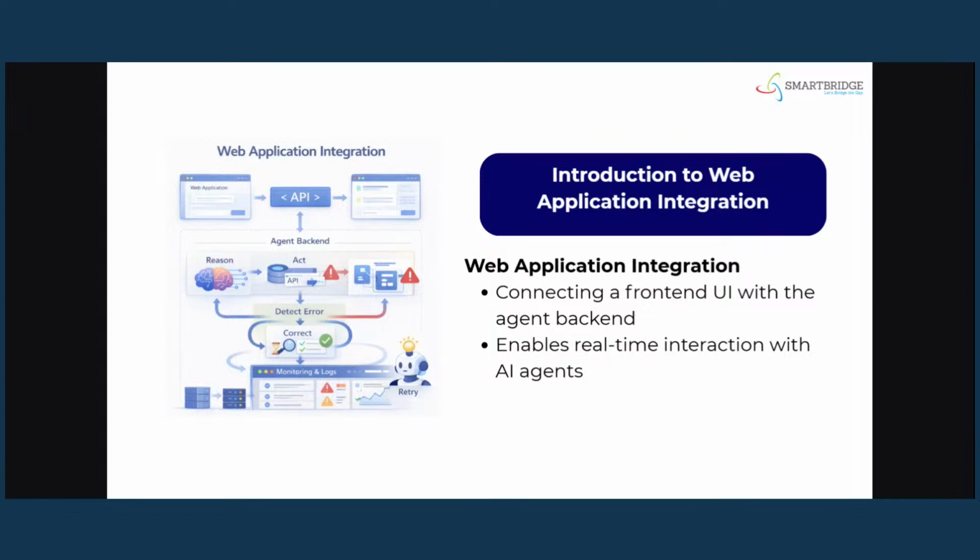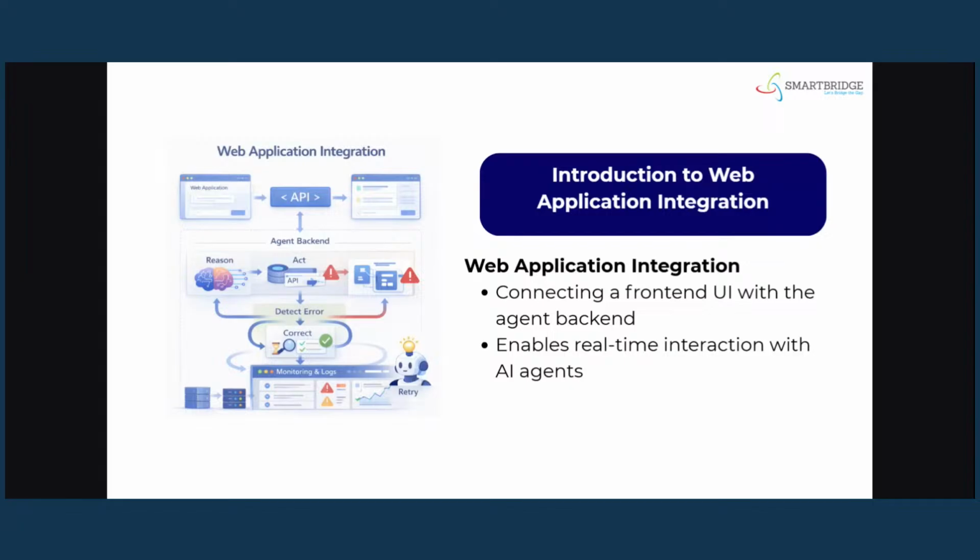In agentic AI systems, the web application sends user input to the AI agent through APIs and waits for the response. The backend processes the request and sends the result back, which the web app then displays in a friendly way.